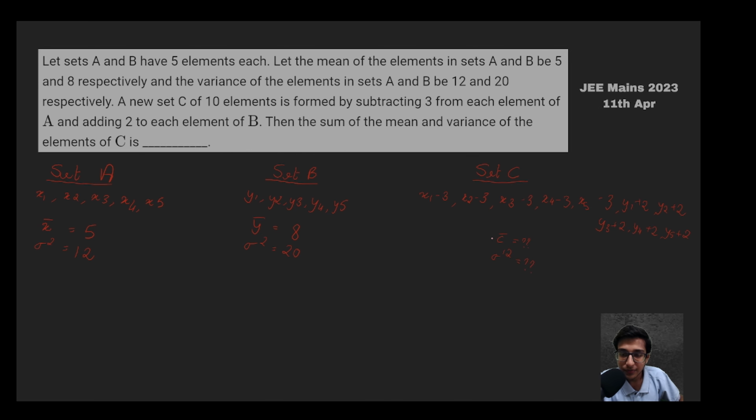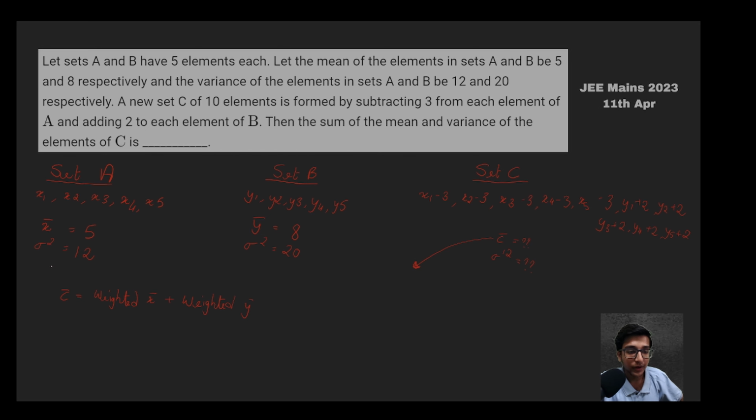So let us first try to find out the mean, because it is going to be very easy for us since we know the properties that were used in finding mean, and we also know how to find out weighted mean. So again, the shortcut trick that I had taught you, you have to use that here. So C bar, can we write it down as weighted x bar plus weighted y bar.